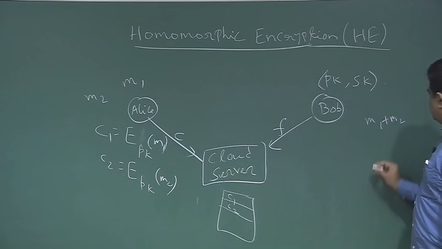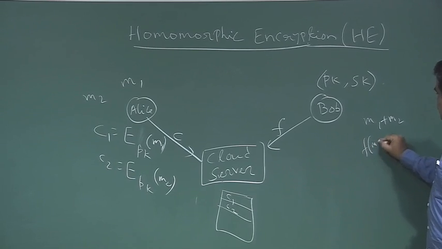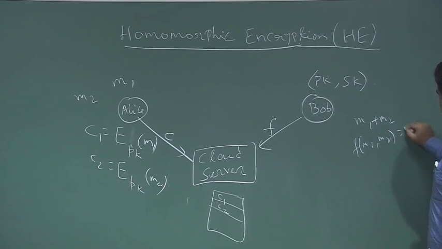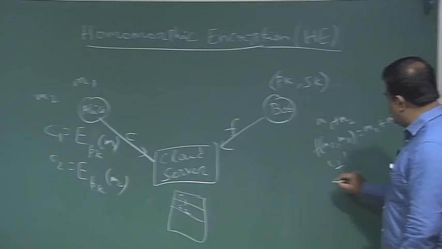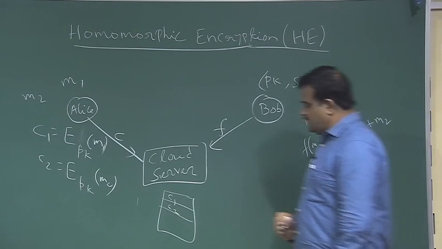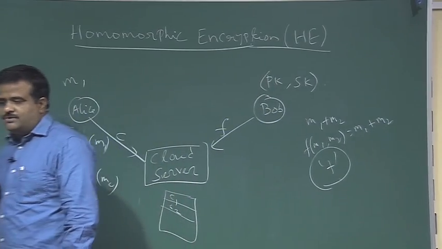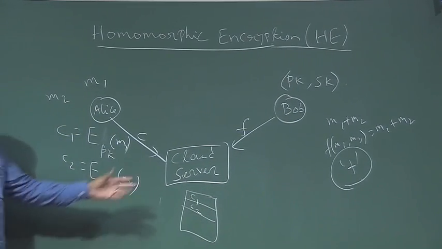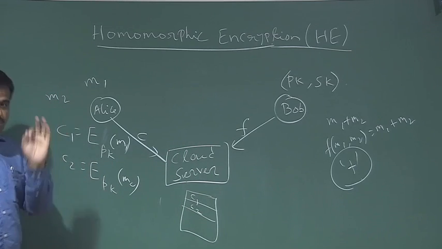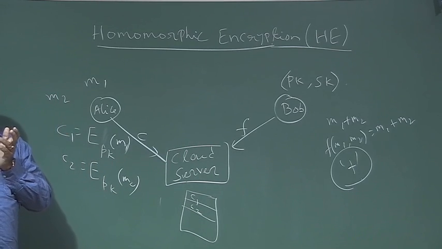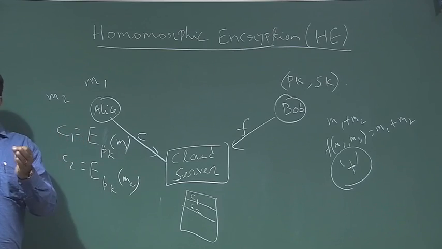So F of M1, M2 is basically M1 plus M2. This is a plus operation, this is a functionality. This F Bob will send to the cloud. That means Bob needs information about M1 plus M2, not those particular M1 and M2.